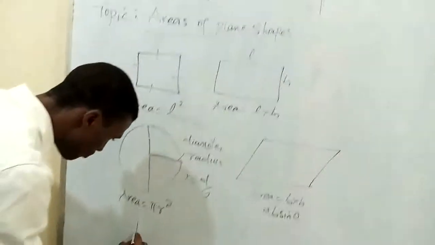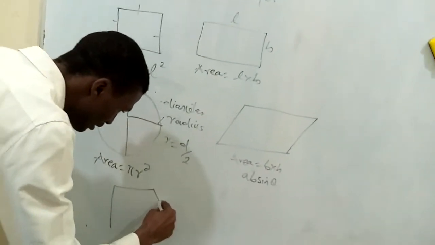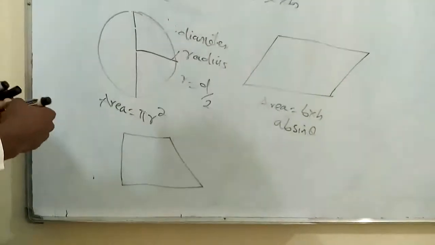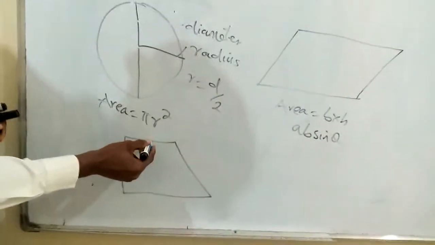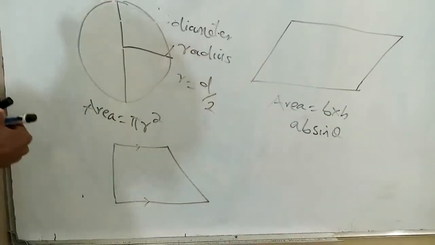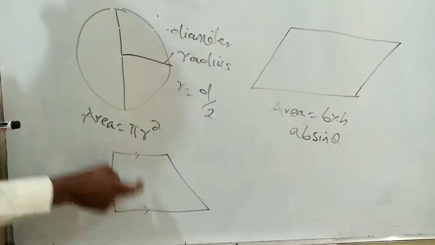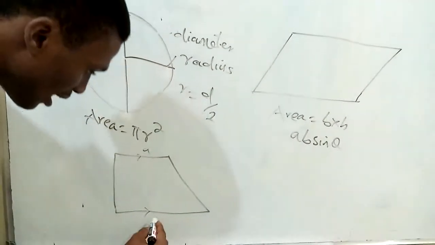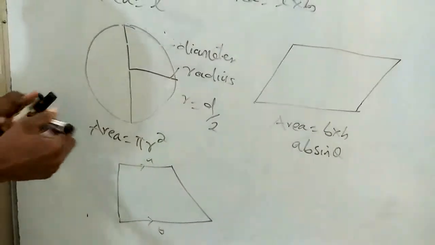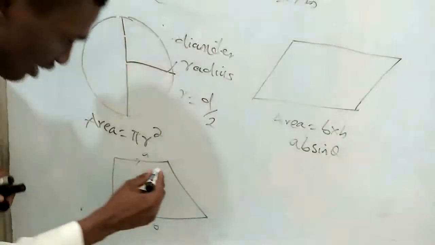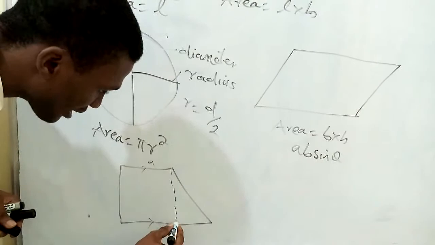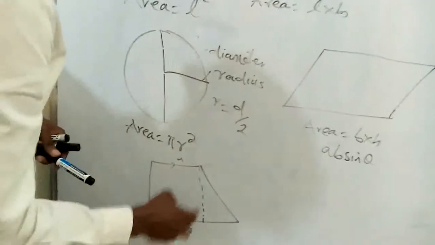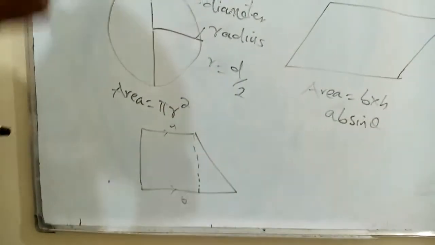We also have another plane shape referred to as the trapezium. For a trapezium, it has 2 opposite and parallel sides. These 2 sides are parallel to each other and they are always unequal. We call this A and we call this B. A trapezium is formed when a rectangle merges with a right angle triangle.